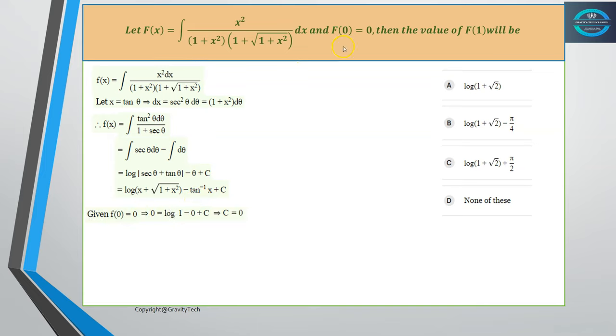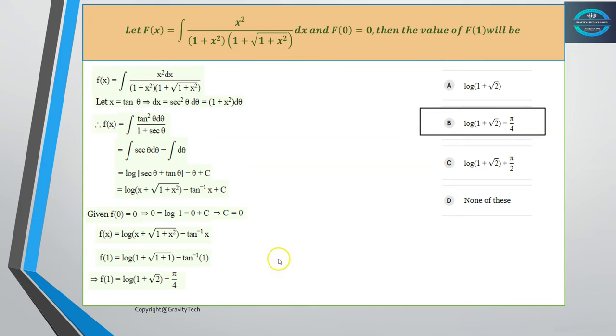Now हमको दिया हुआ f of 0 is equal to 0, so put f of 0 is equal to 0, so log of 1 will be 0, tan inverse 0 is 0, so everything will be 0, so c will be 0. तो ये वाला जो है f of x हो गया, just c का value 0 put कर दिया. नाउ हमको f of 1 निकालना है, so put x is equal to 1. When you put x is equal to 1, right, 1 plus 1 square, 1, tan inverse of 1, which is pi by 4. So the answer is going to be 1 plus under root 2 minus pi by 4, and then this is the answer, right?